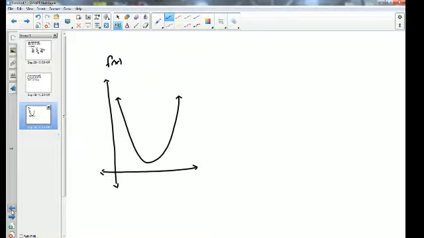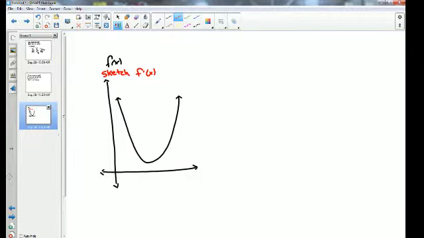Can you draw a sketch of the derivative? So you just draw a tangent line, right? It doesn't say graph or sketch the tangent line at some value.